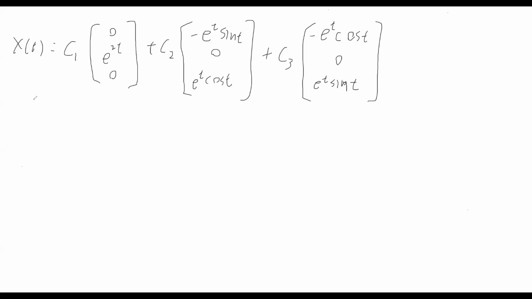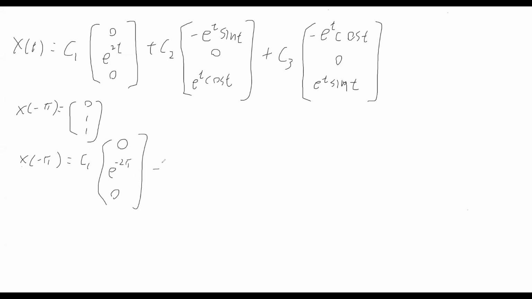All right, now let's look at part B, the second initial condition, which is x of negative pi equal to 0, 1, 1. Okay, so x of negative pi will give me C1 times 0, e^(-2pi), 0, plus C2.